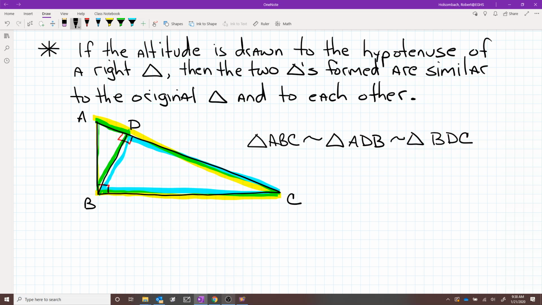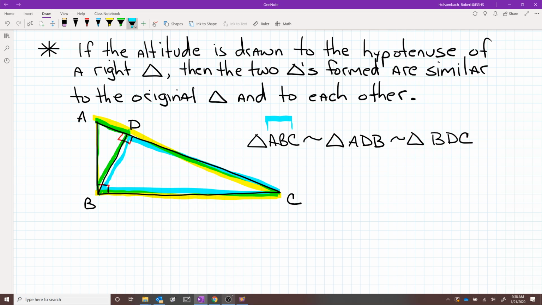Always verify, okay? One way to verify your answer here is to make sure that your hypotenuses are in the same location in your description. So in the big triangle, your hypotenuse was AC, wasn't it? First and last.